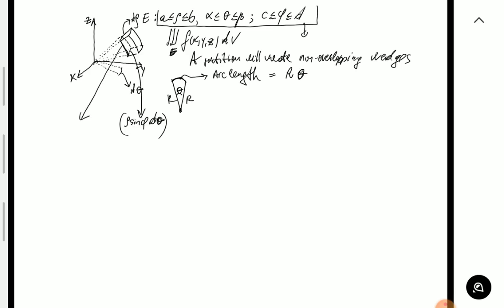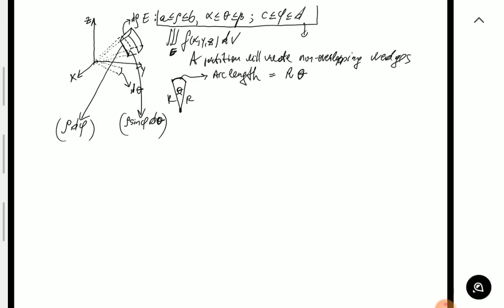The radius of that wedge, of that segment of a circle, is going to be rho, right? The distance to the point. And then the angle is going to be the change in phi, which comes from partitioning the interval that gives you the range of phi. So that's going to be d phi.